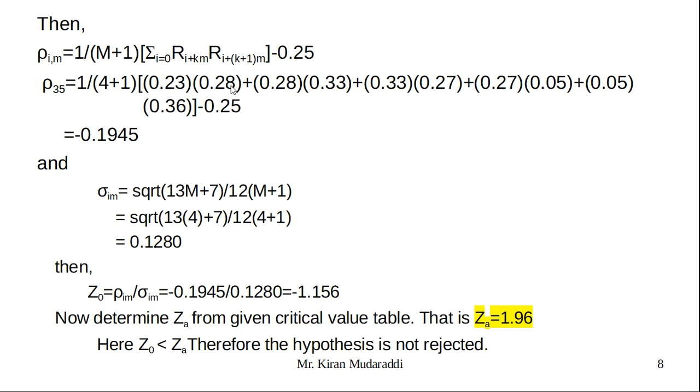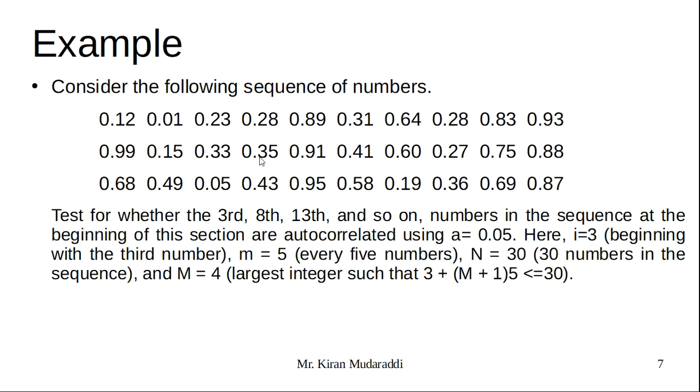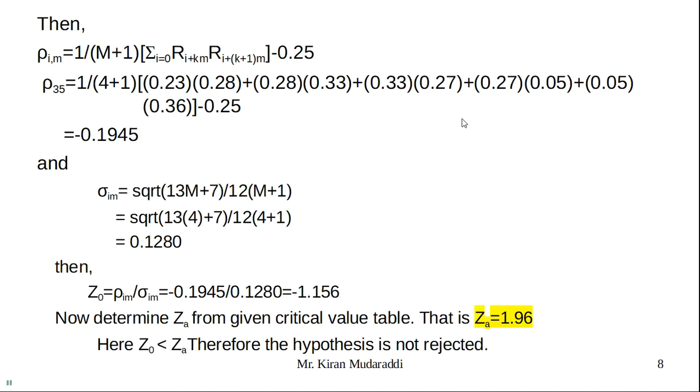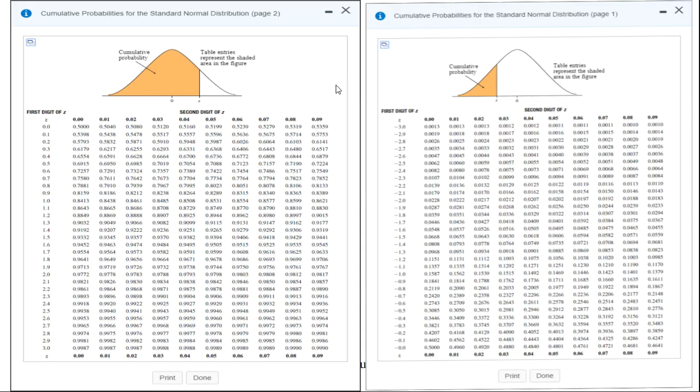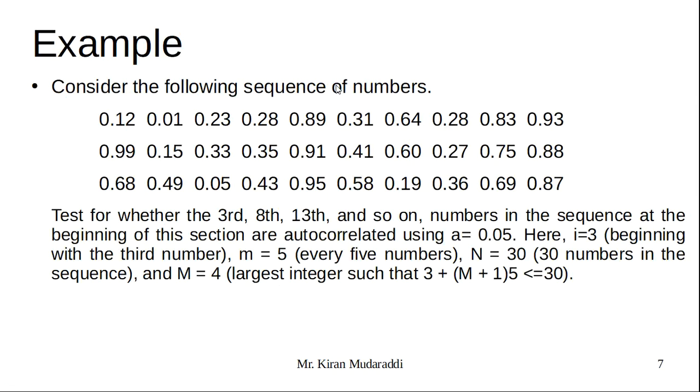0.23 into 0.28, plus the 8th number, 0.28, into its next fifth number. 0.28 is the 8th number, so the next fifth number is 1, 2, 3, 4, 5.